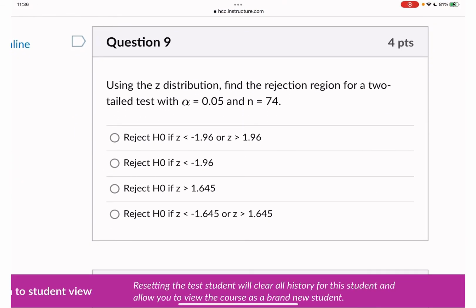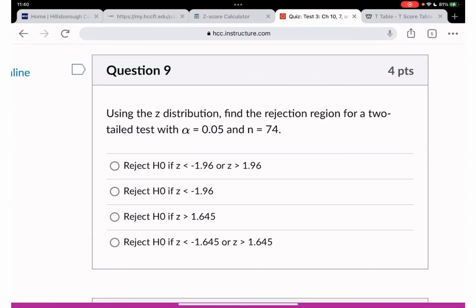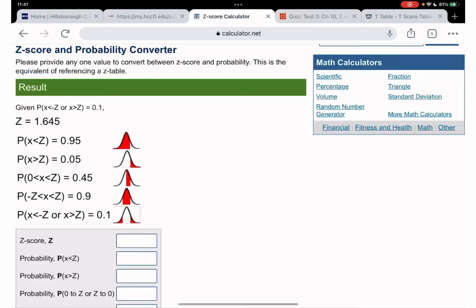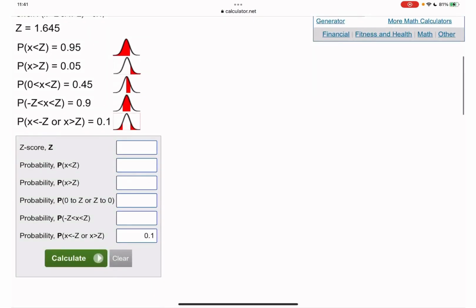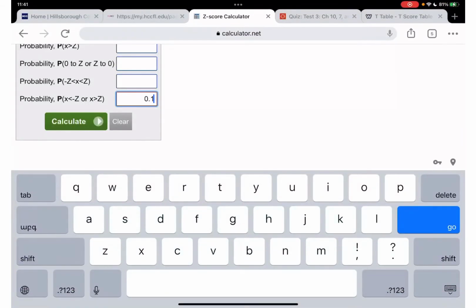Using z distribution, find the rejection region for a two-tail test with alpha 0.05 and n equal 74. Since it's z distribution, just alpha is going to be enough, because based on alpha we will find our z-score. Let's plug it in here, 0.05.